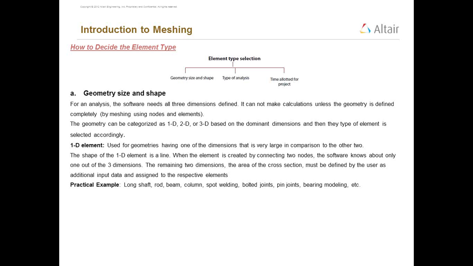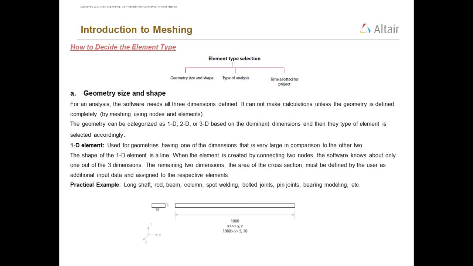When the element is created by connecting 2 nodes, the software knows about only one out of the 3 dimensions. The remaining 2 dimensions, that is, the area of the cross section, must be defined by the user as additional input data and assigned to the respective elements.